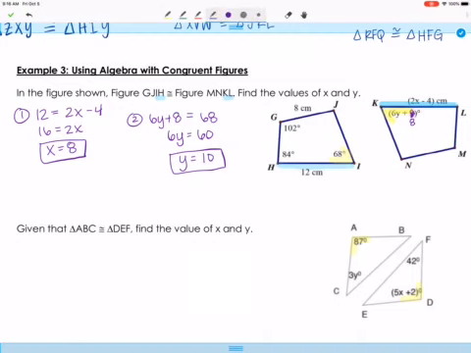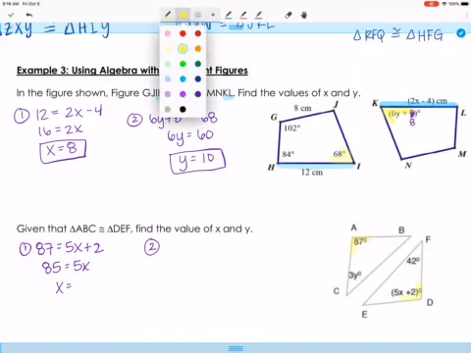So those two should be congruent. So 87 degrees is the same as 5x plus 2. 85 would be the same as 5x. And then if we divide 85 by 5, y'all can work that out.